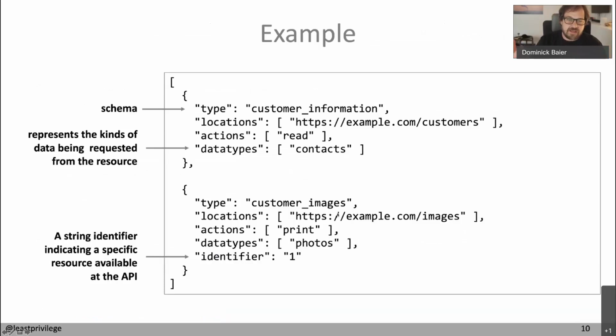Basically, you are sending a structured object along with the authorized request, which has a schema, so it's strongly typed. It has the concept of the data type you want to access, and maybe even an identifier for a specific data type. So maybe you want to say, "Hey, allow this company to print picture number 1, but only number 1.